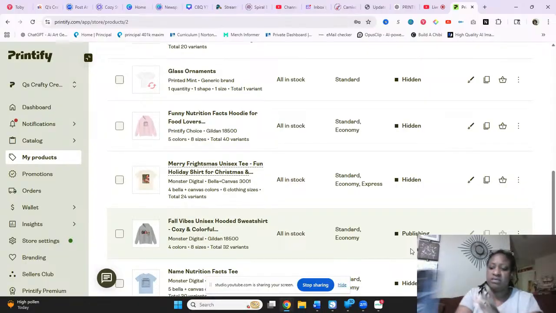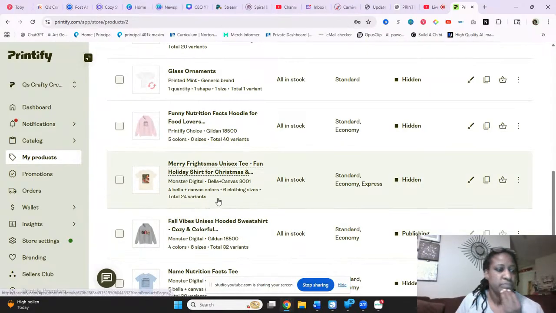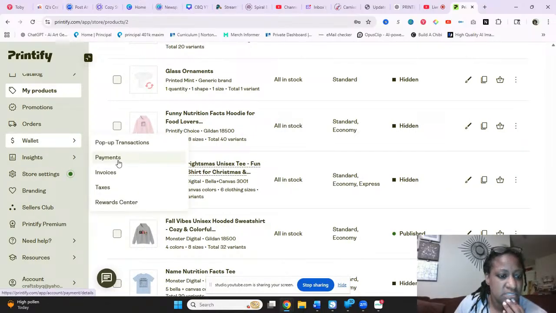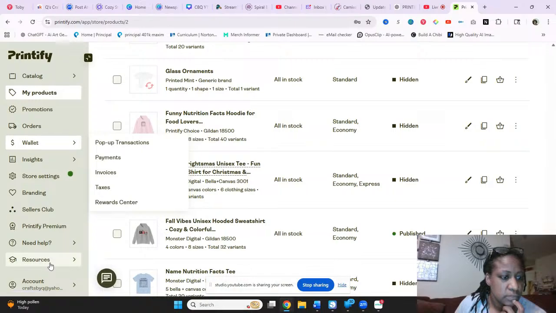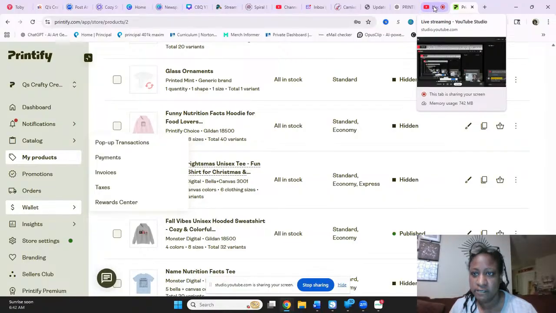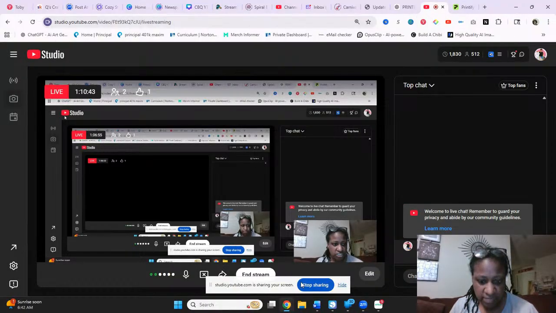Let's go down since we're talking about Printify and we're here. Wallets, payments. This is where it told me to actually downgrade, and that's what I'm gonna do. But what time is it? I'm gonna stop sharing because I've been on here long enough. So I did everything I said I was gonna do with talking about free versus paid premium of Printify.